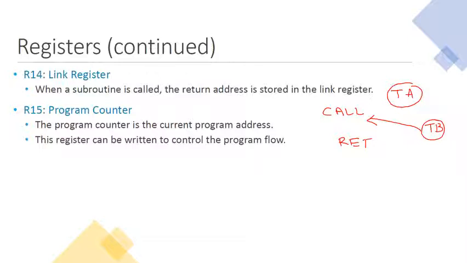The processor is working on task A, so the present instruction being executed with respect to task A will be stored, and that address will be available there. Then it will jump to task B, and after completing task B, it can go back to task A where it was left earlier, by accessing the stack with the return address.